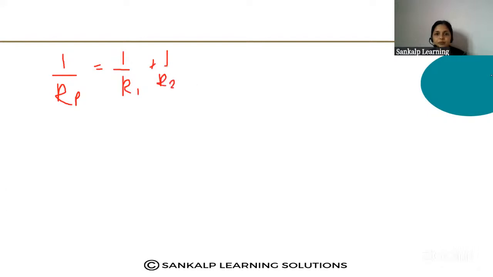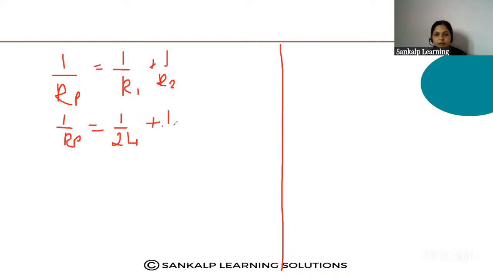Here 1 by Rp is equal to 1 by 24 plus 1 by 24. So 24 divided by 2, that is 12. Rp is equal to 12 ohm.